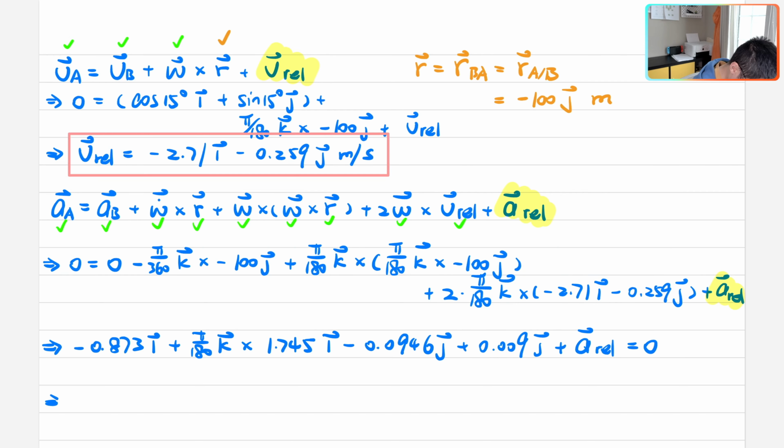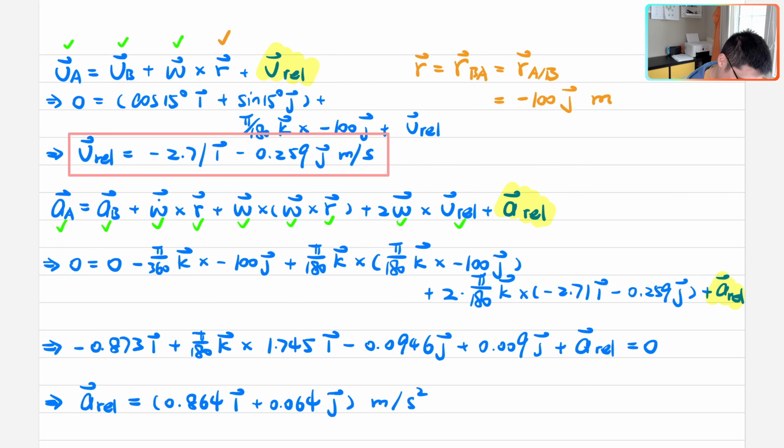Okay, finally, my acceleration relative, A relative to B, 0.864i plus 0.064j meter per second square, remember your unit. Or if you want to do one further step, you can report as scalar, depending on what the question is asking for.